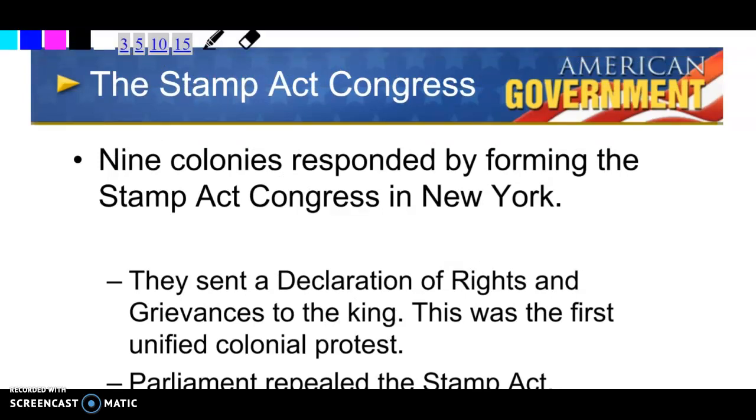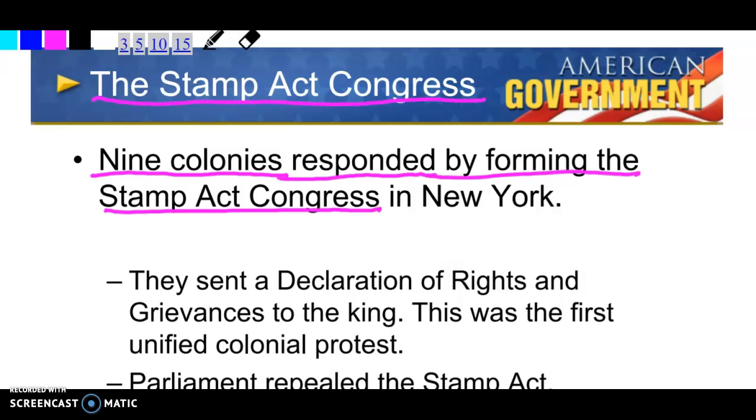So your next heading, the Stamp Act Congress. Nine of the 13 colonies responded to the Stamp Act by forming the Stamp Act Congress. What did they do? They sent a Declaration of Rights and grievances to King George.